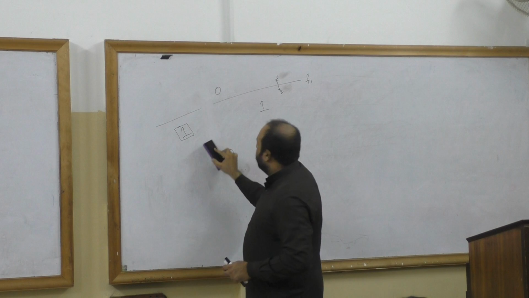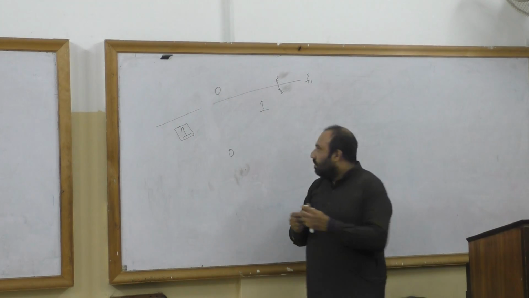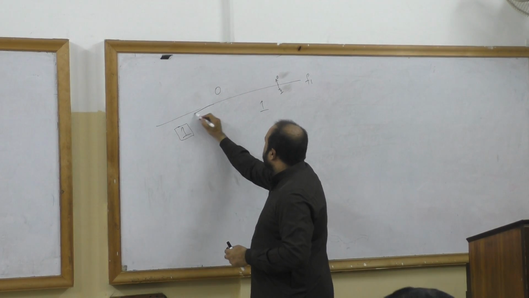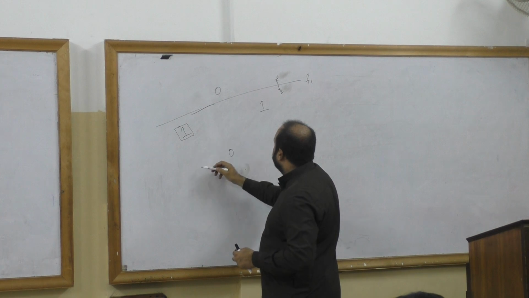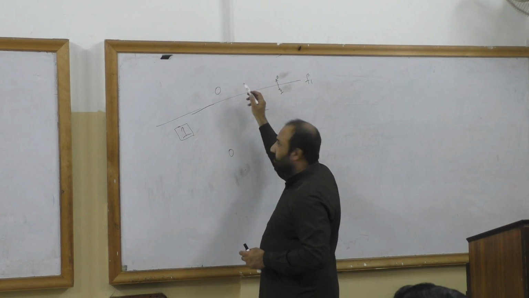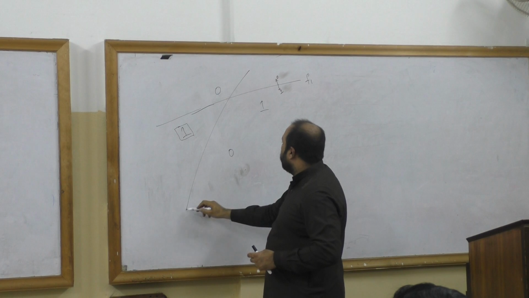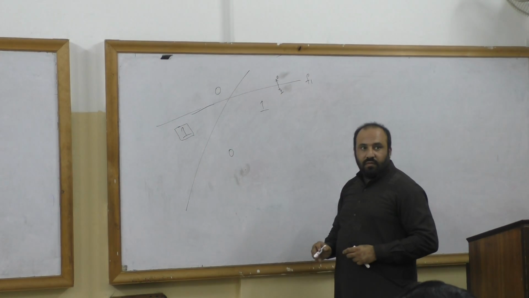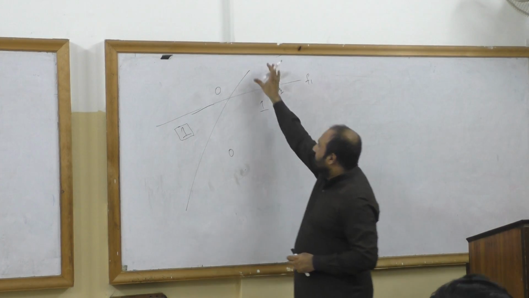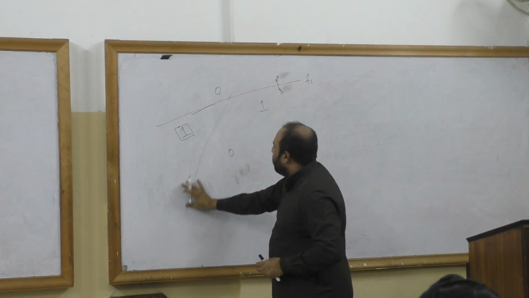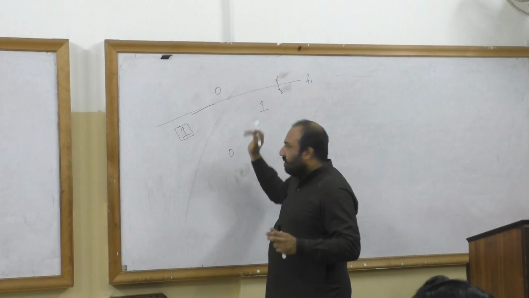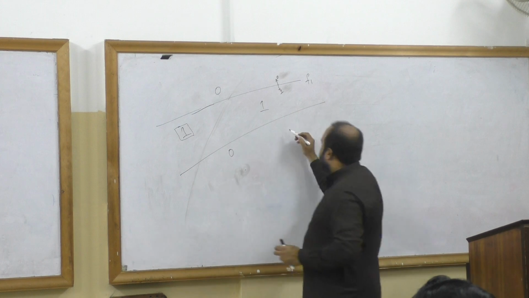I need two parallel lines. एक लाइन ऐसे होगी, एक लाइन ऐसे होगी. Let's say ये लाइन मैंने लगाई है, इसके पैरेलल में एक और लाइन चाहिए.